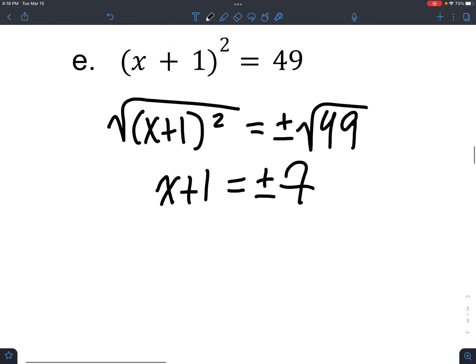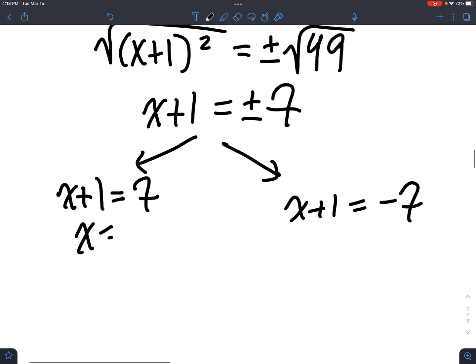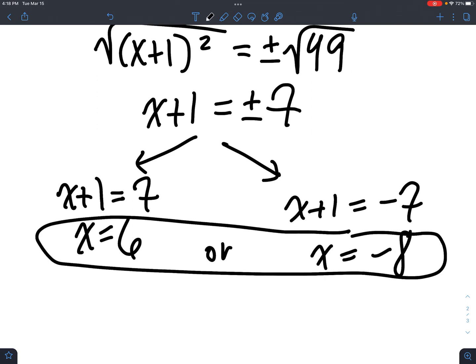We got to solve for x. So what I think is easiest is if we consider the positive and the negative 7 separately, solve the equations, and then call it a day from here. So the plus or minus really means that there's two equations. There's a positive one and a negative one.